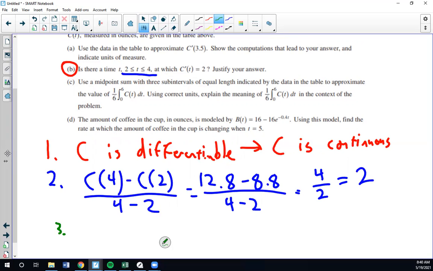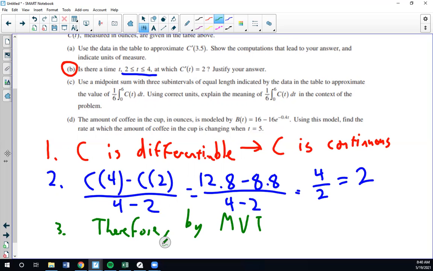So I'm writing a little step 3. You don't need to write it as steps. Therefore, by the mean value theorem, you need to say that you're using the mean value theorem to get the point. Usually the scoring sheet says something like conclusion using mean value theorem.